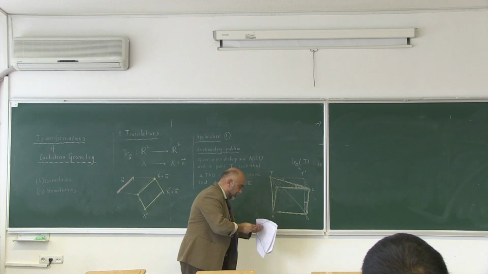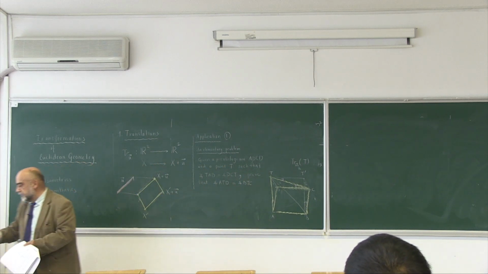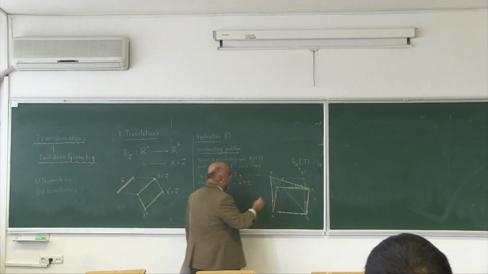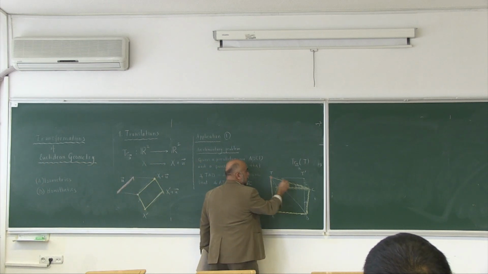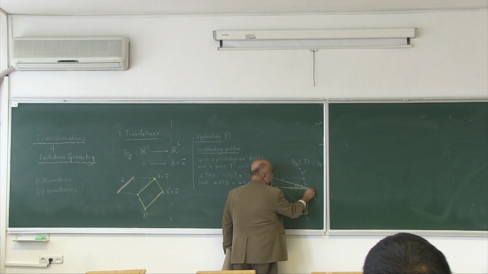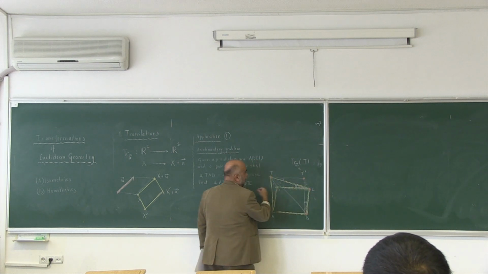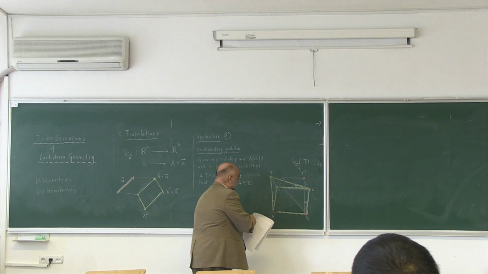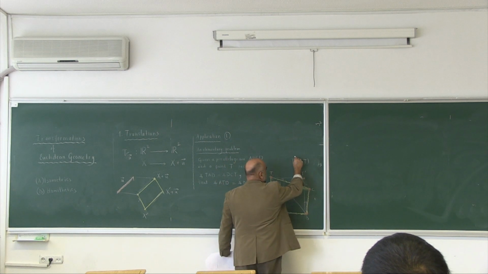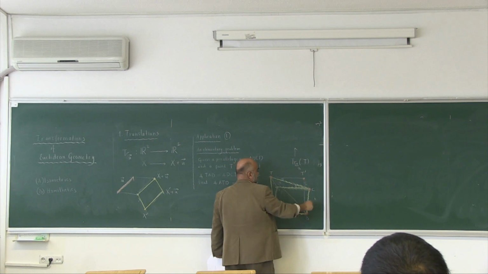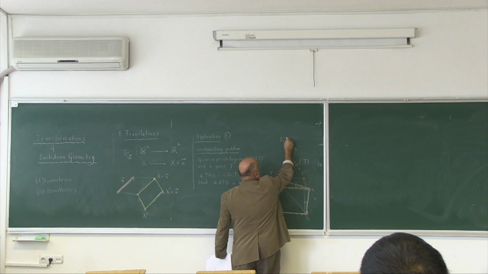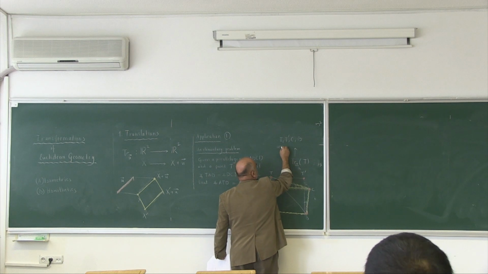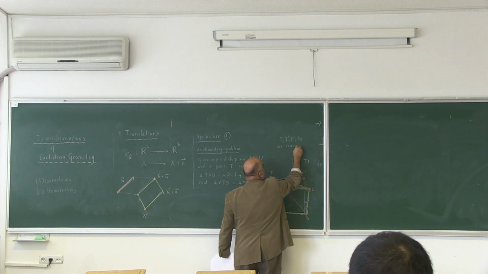It simply means that the points T prime, C, and B are concyclic. They lie on a circle. Let me note that: the points T prime, C, B are concyclic.